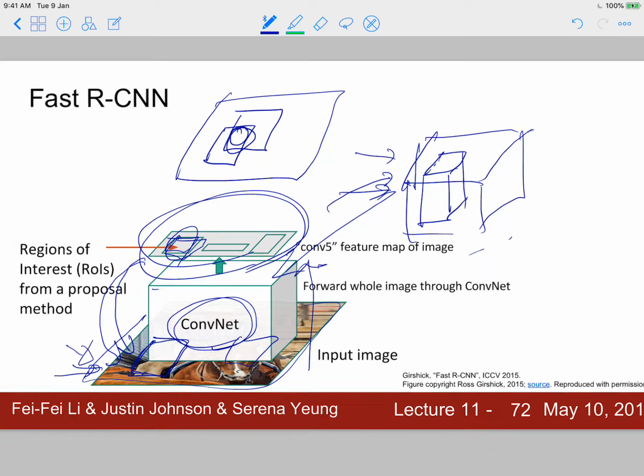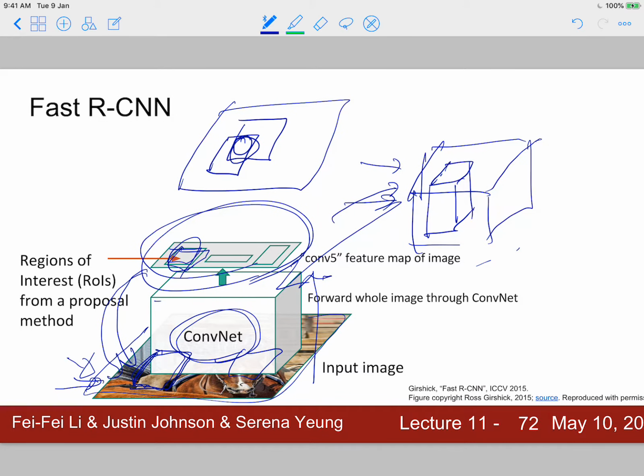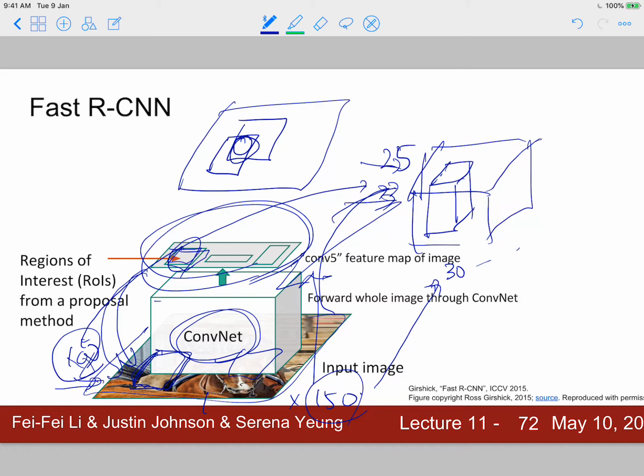For example, if this image was downsampled into maybe 100 by 150, and this dimension was downsampled by a ratio of 4, so 100 became 25, and 150 became 30, although it is not standard because the ratio became different, right?